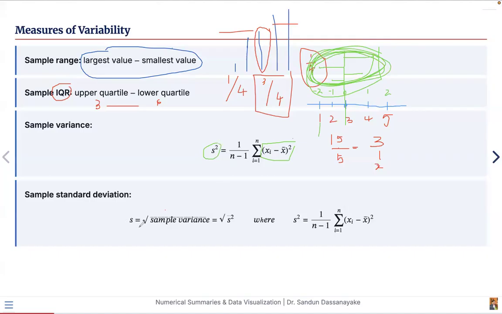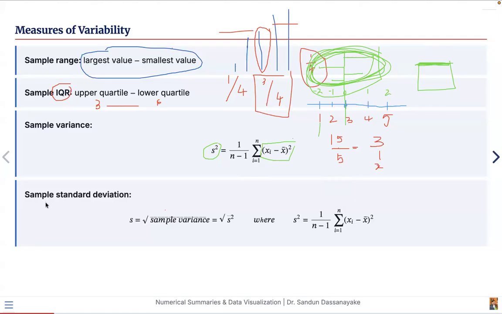But when we are calculating the standard deviation, if you think about a square like that, we take the square root of that to identify the width of it. So the sample standard deviation gives you one measure of the variability, the spread. So that's what standard deviation means. We are simply taking the square root of the variance.